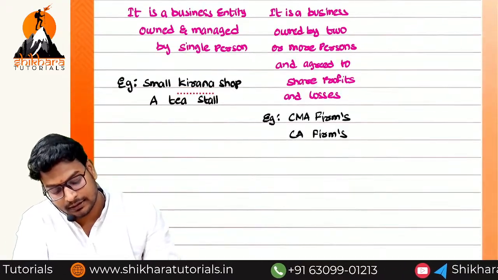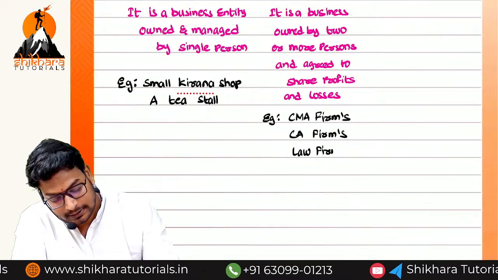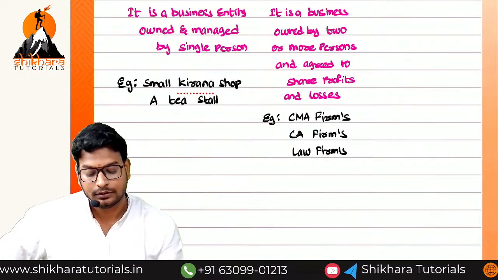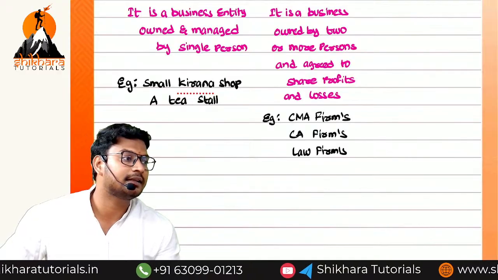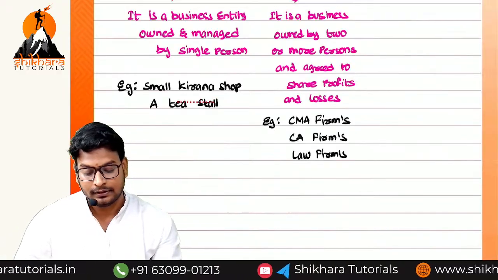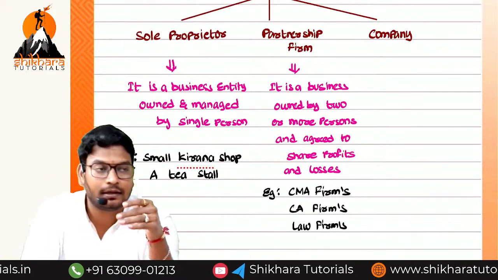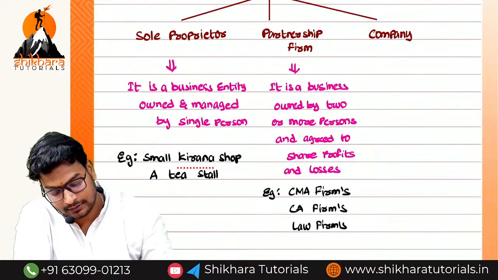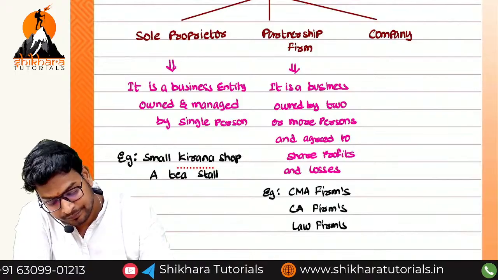And next we can take law firms as examples. All the professionals can practice only through firms. We should not start companies. So these two things you know already. Either you can learn in the foundation or in the intro of Group 1. Now we are going to discuss the main point.